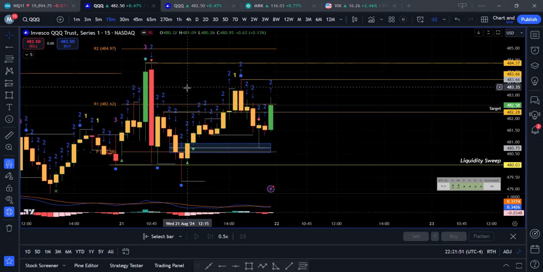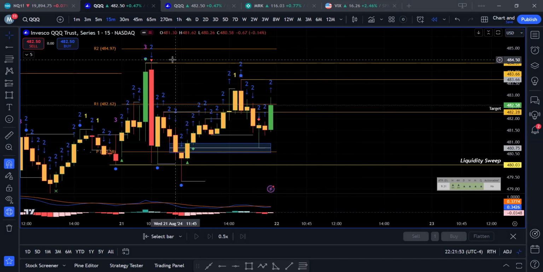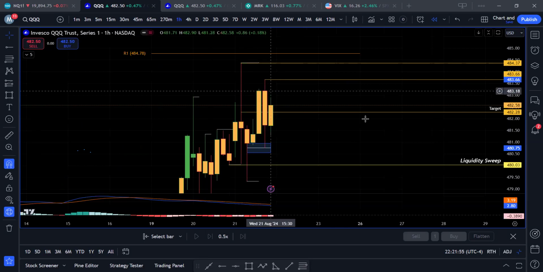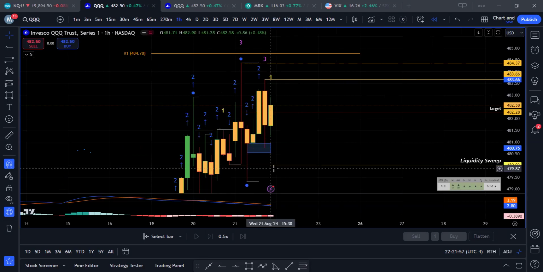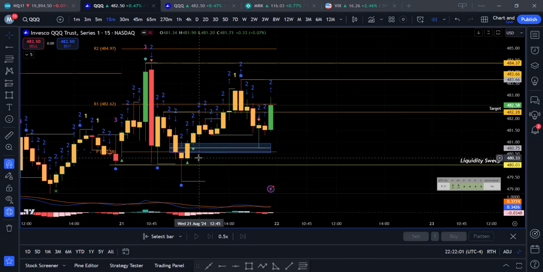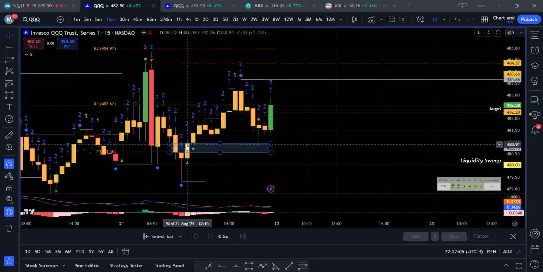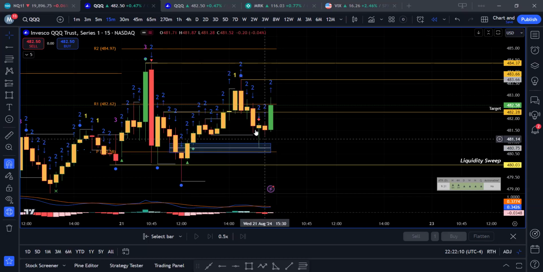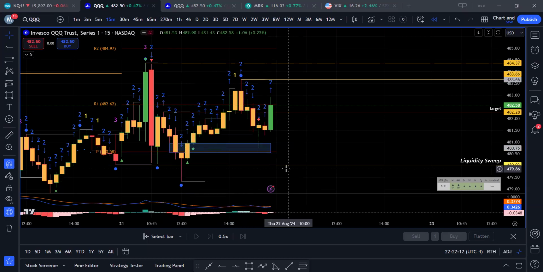I'm really just looking for a liquidity sweep on the hour, and then I'll zoom into a smaller time frame, look for that fair value gap, and then decide how I want to play it, whether I want to take immediate entry once it displaces above, or wait to see if it retraces.